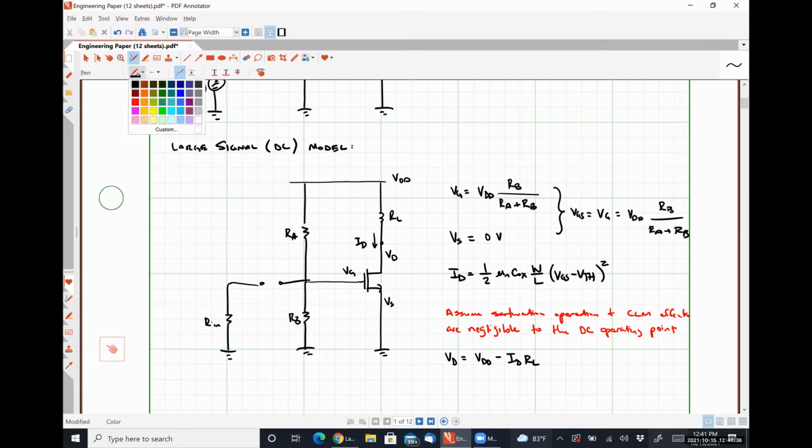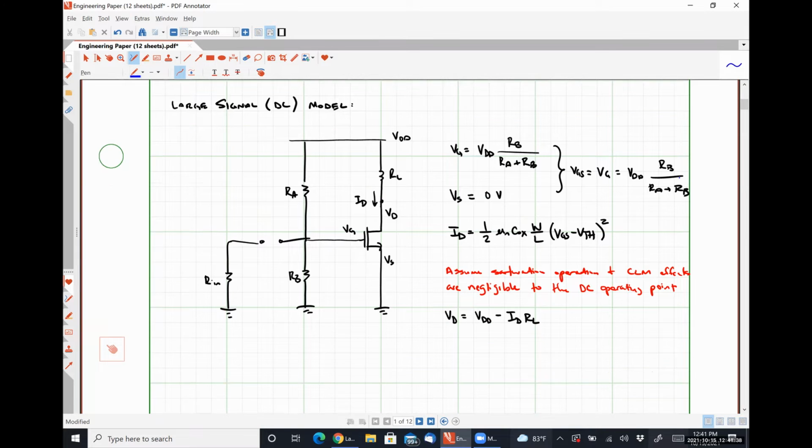And just to put this back on your radar, this quantity RL can't be excessively large because it will force the device to operate in the saturation region, right?